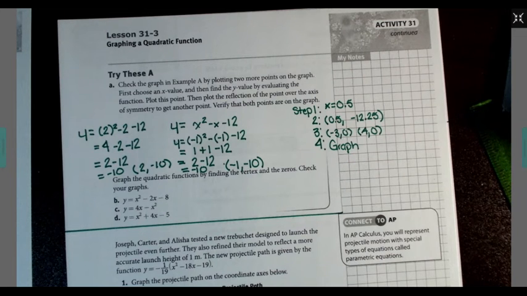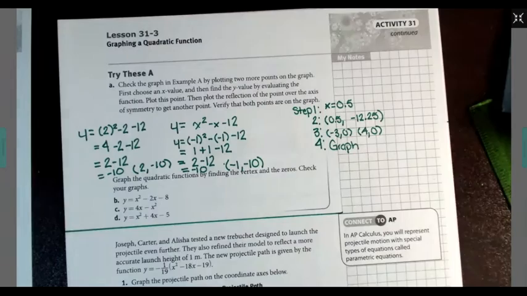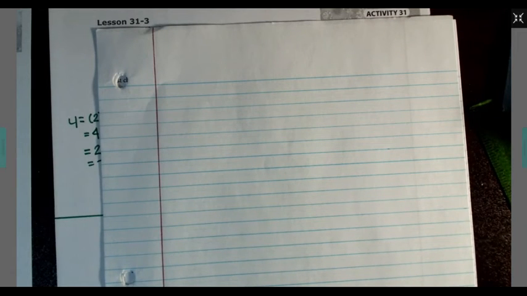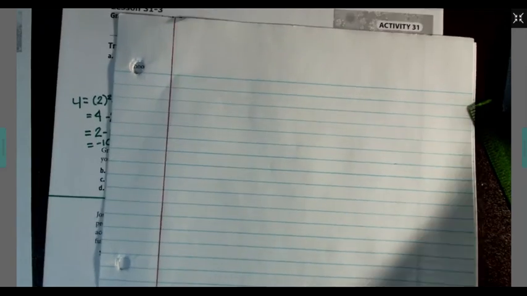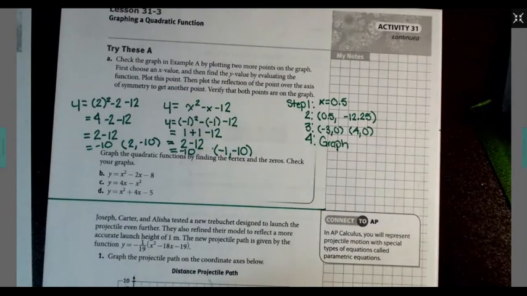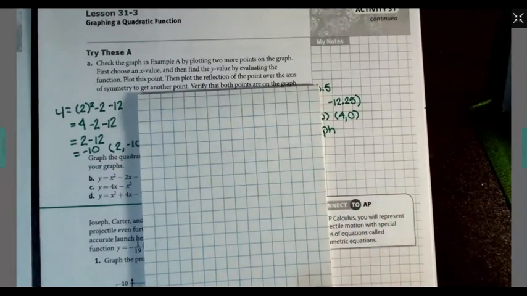It says graph the quadratic functions by finding the vertex and the zeros. Check your graphs. And it wants us to graph B, C, and D. All right. I'm actually going to do these on a graph style paper.